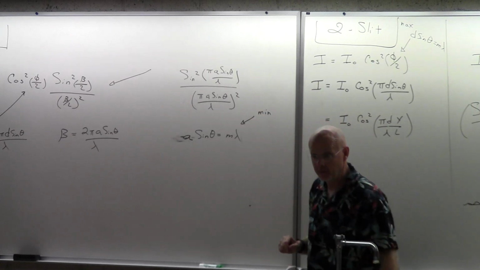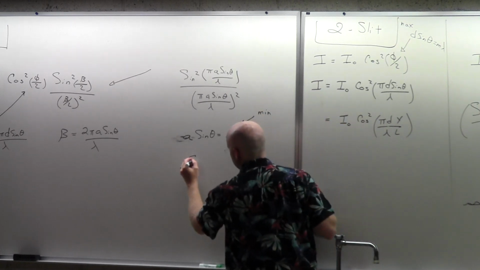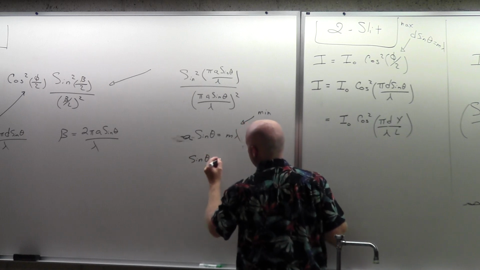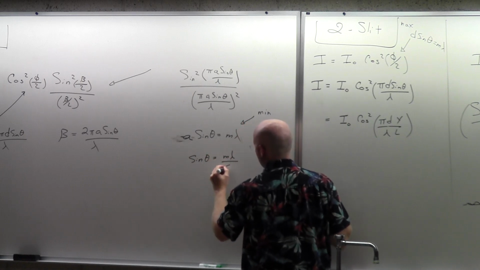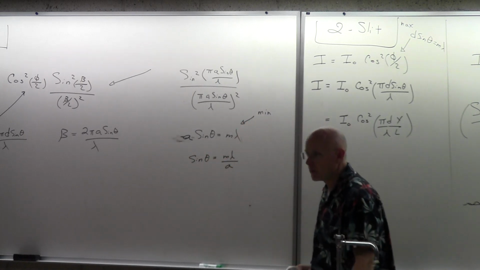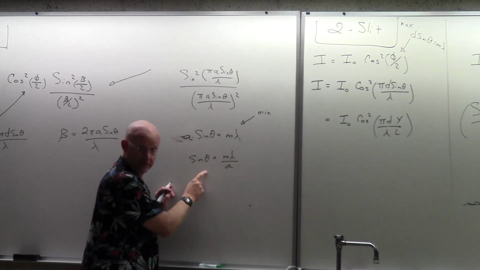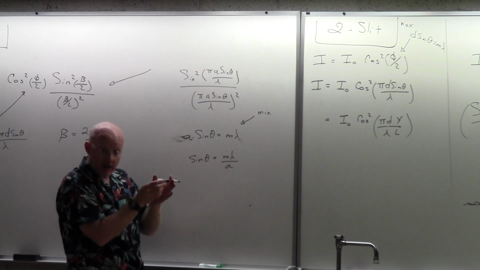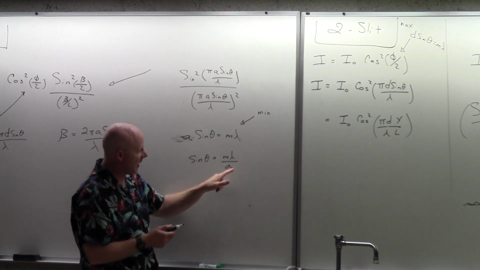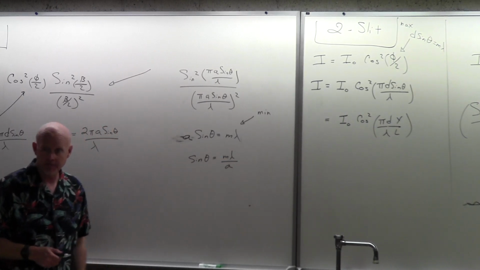Fair enough? Let me solve for theta. So the first minimum occurs at some angle that is based upon the wavelength and the size of the hole, right?